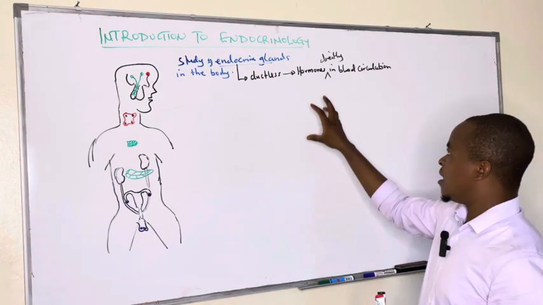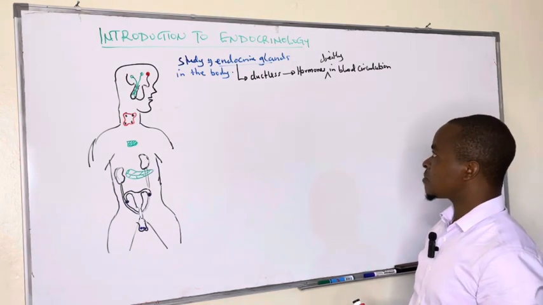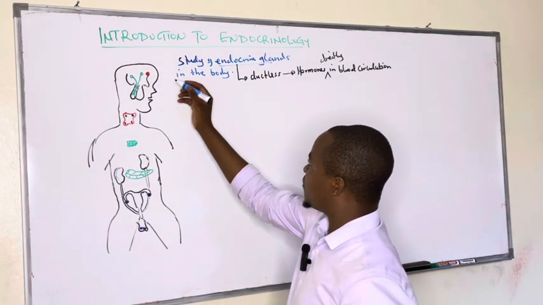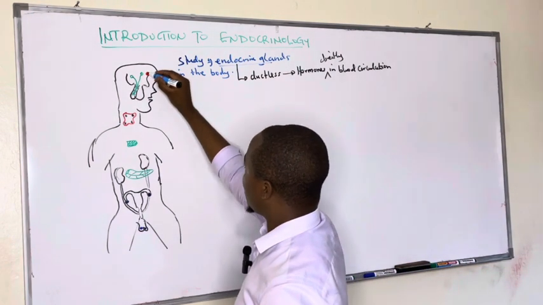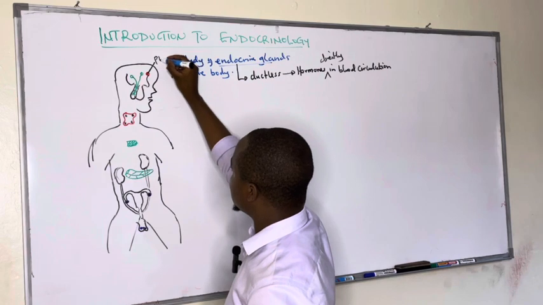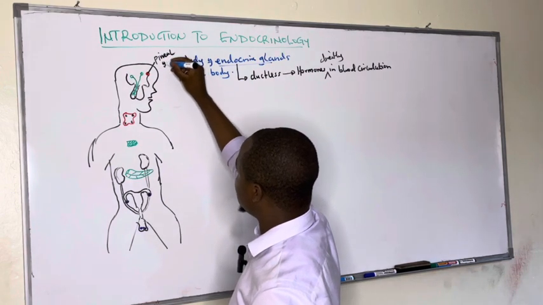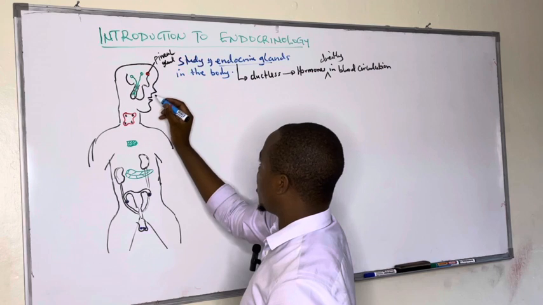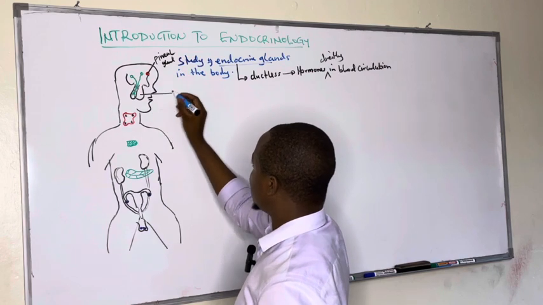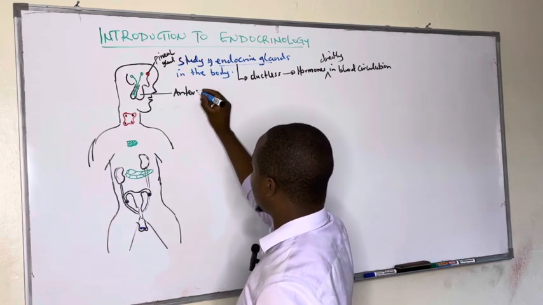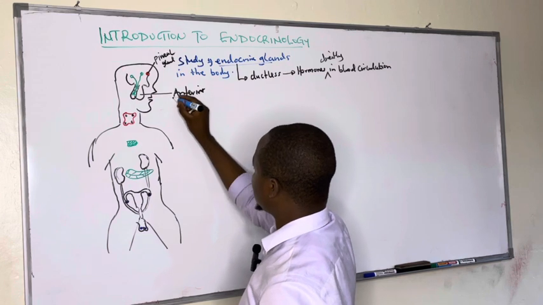So these are endocrine glands. Among these endocrine glands in the body, we have the first one as the pineal gland. Then we have the anterior pituitary gland.